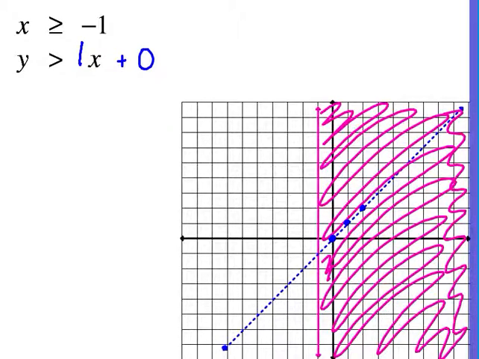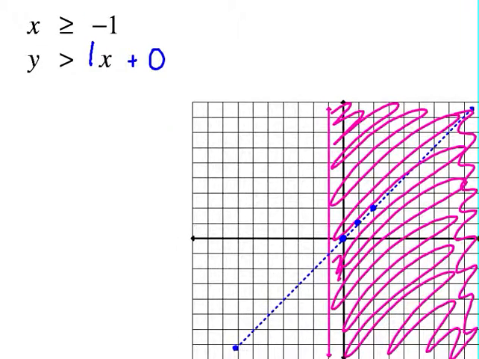Why is this one going to be a little tougher? Because you can't use 0, 0. So let's pick another one. Let's just pick 1, 0. 1, 0 will work. So I'm going to plug in x is 1 and y is 0. Is that a true statement?